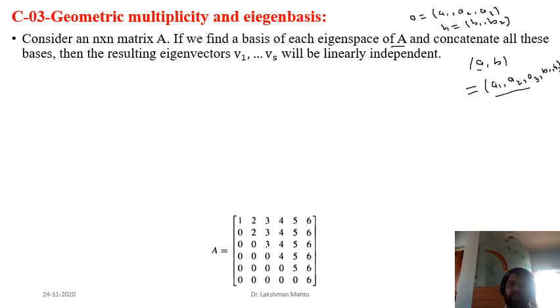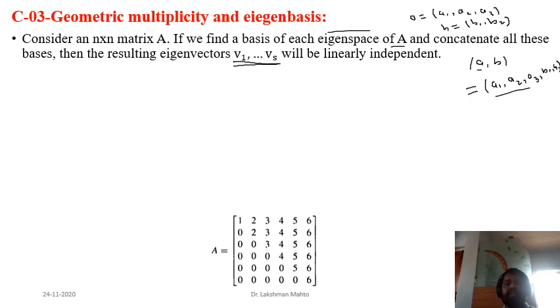Okay, so what we do, we are having eigenspaces, and every eigenspace is having a basis, and we will jointly write those bases, and it will go up to S. Suppose S is the total number of individual eigenvectors, then definitely these v1, v2 up to vs would be linearly independent.